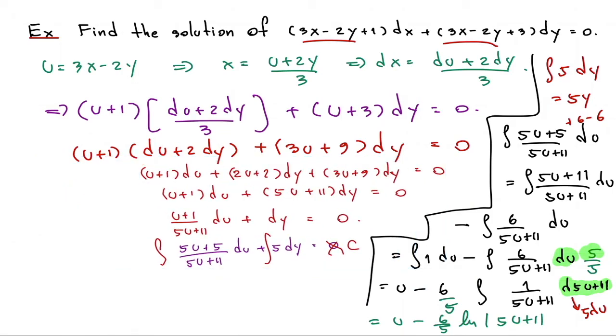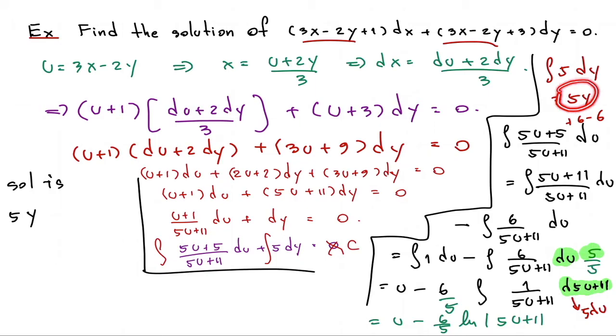So what we have now is the solution. The solution is 5y plus u minus 6 divided by 5 log of 5u plus 11 equals c.